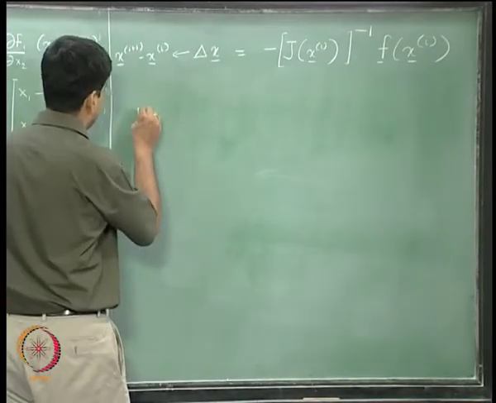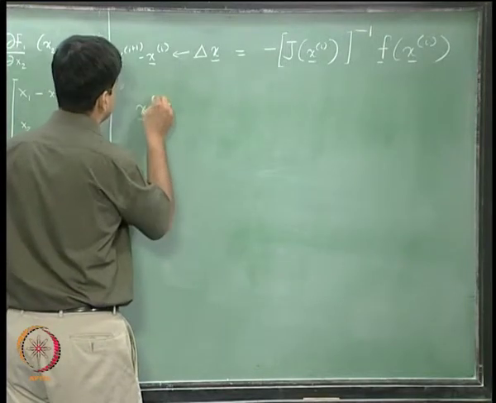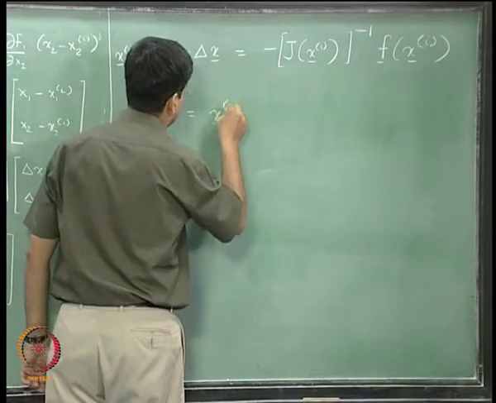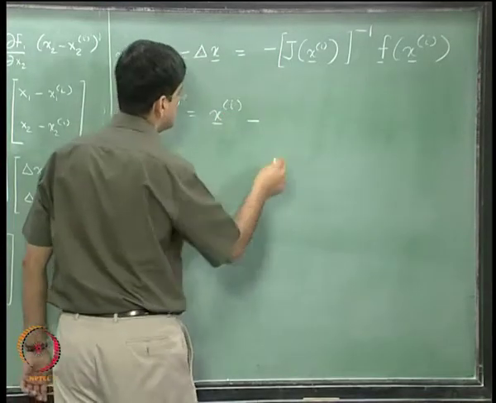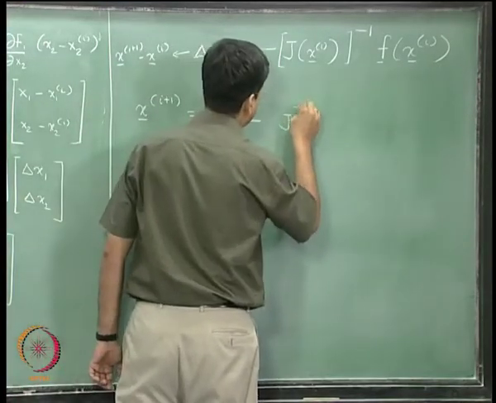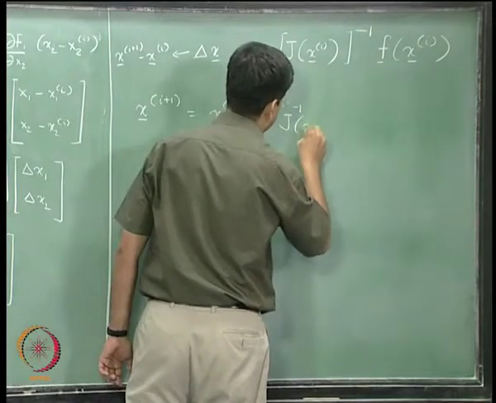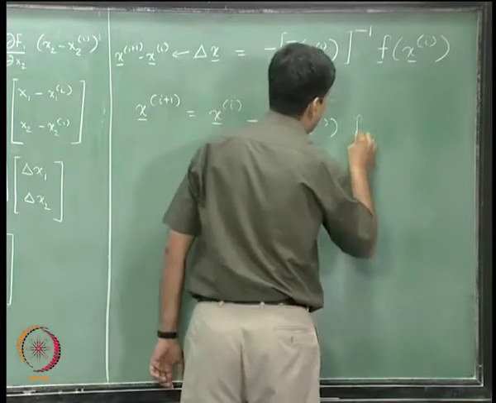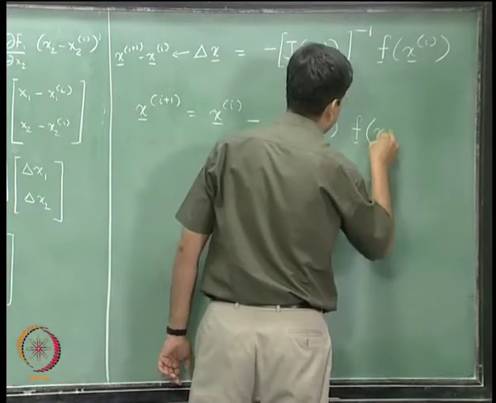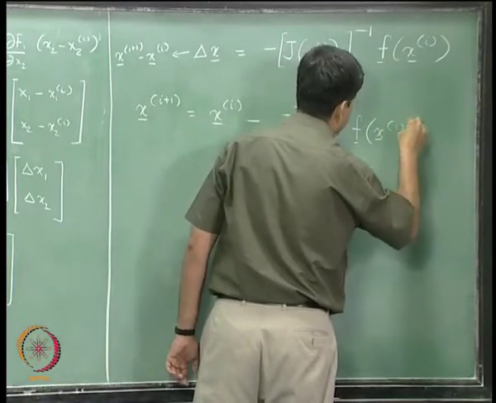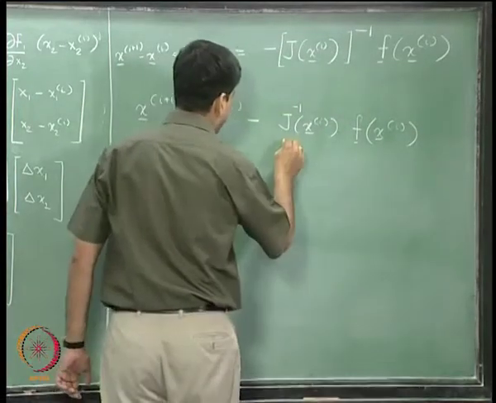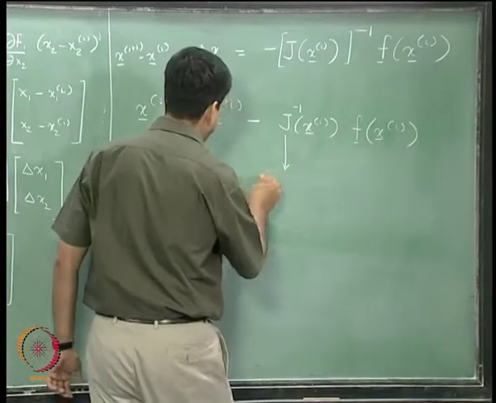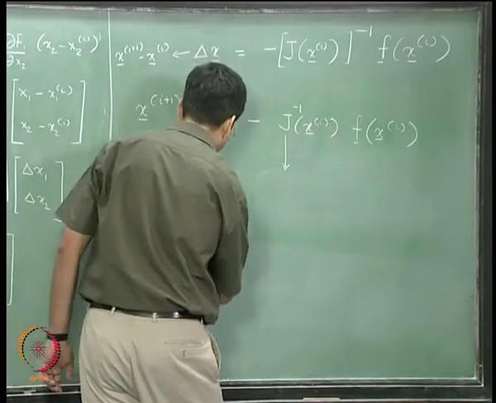Okay, so what we will get eventually is x bar of I plus 1 is going to be nothing but x bar of I minus J inverse computed at x bar of I multiplied by f bar computed at x bar of I.